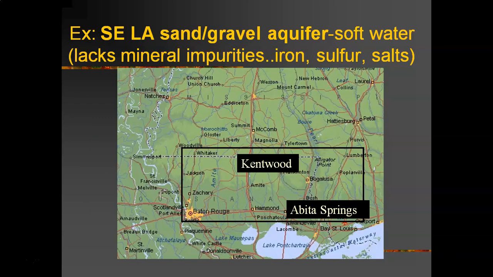I want to talk to you about a really good aquifer that we have in Louisiana, and it creates really delicious water. It's called the Southeast Louisiana Aquifer System, and I've just kind of got it highlighted here in Louisiana. It's basically north of the lakes, and it does extend into southwest Mississippi.